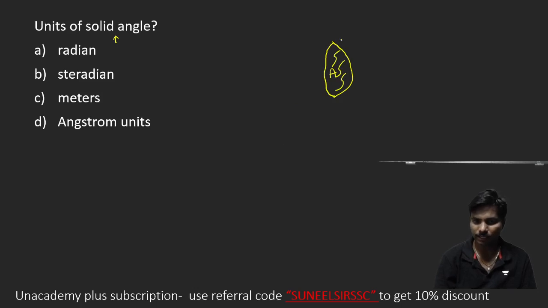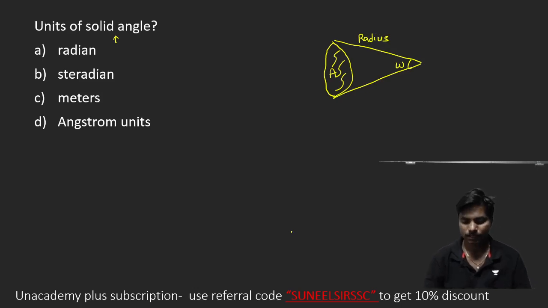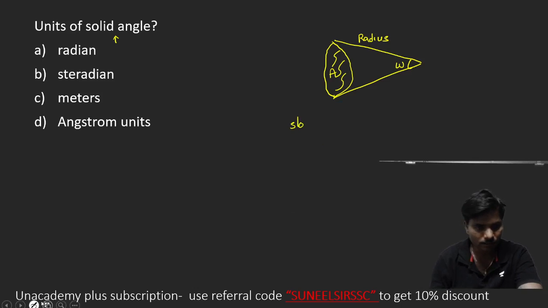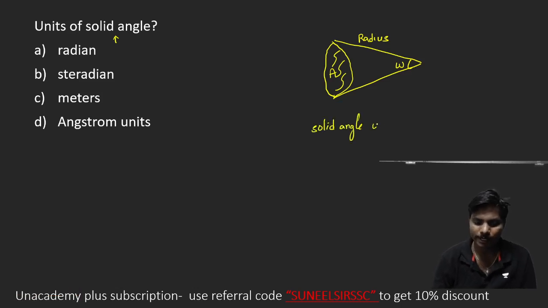If you consider one area, and here the angle is omega, and this is the radius, then the solid angle is denoted as omega, which is area by radius square.